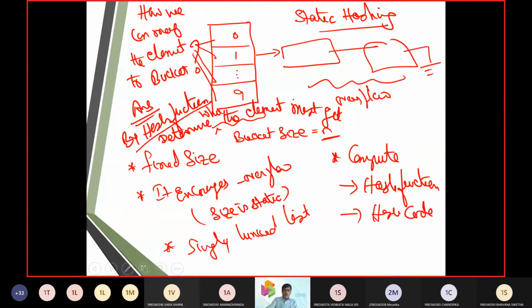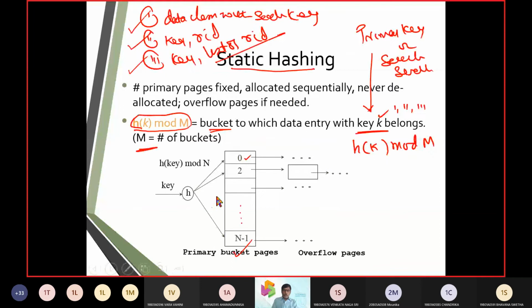So we will look into that aspect of how a key is going to be generated, from a key how a hash code is going to be generated, and thereby how the primary bucket or how the overflow pages are going to be rendered here. So now at this point of time, what we should understand was, primary bucket pages, they are fixed.